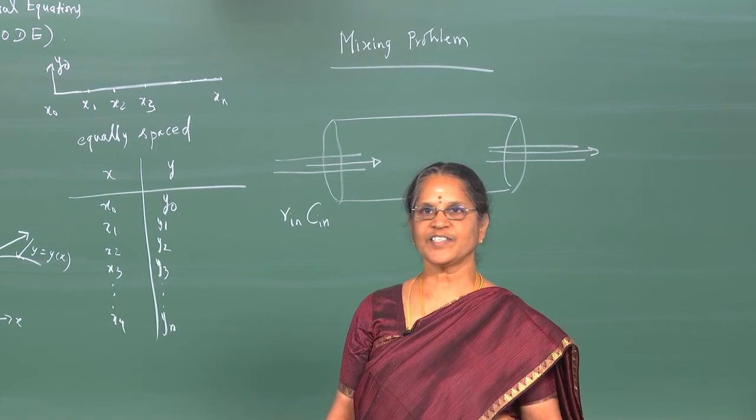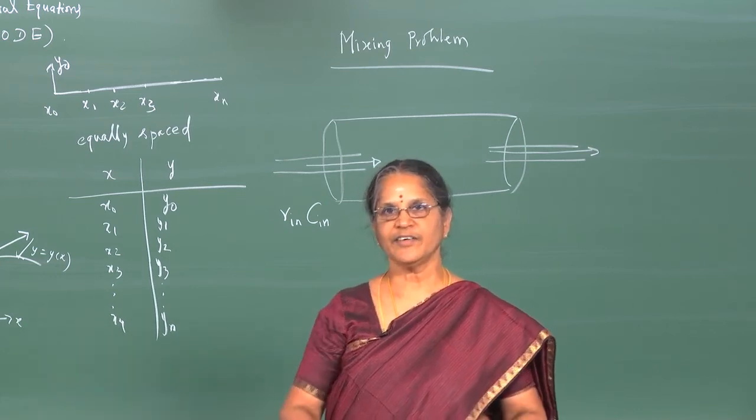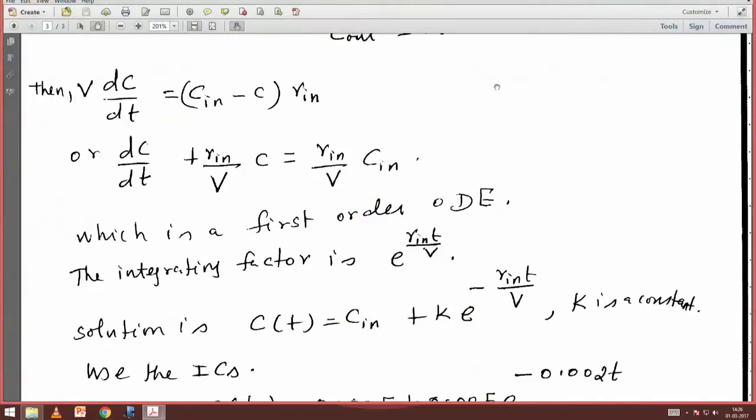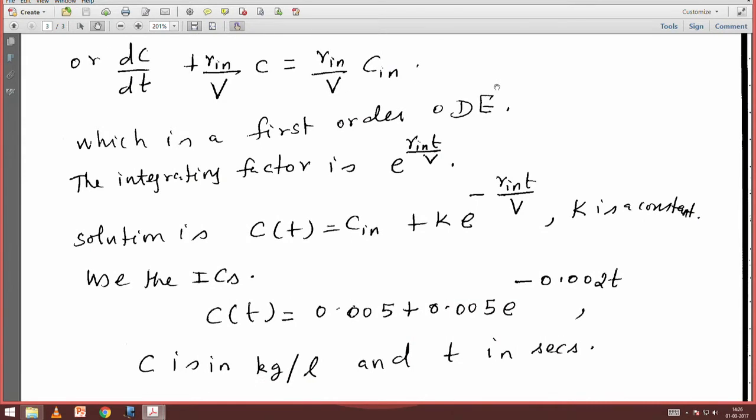Which is nothing but a first order differential equation. What is the initial condition? What is our unknown? Our unknown is C of t. So, the initial condition must be specified for C at time t equal to 0. So, we must know what is C of 0.